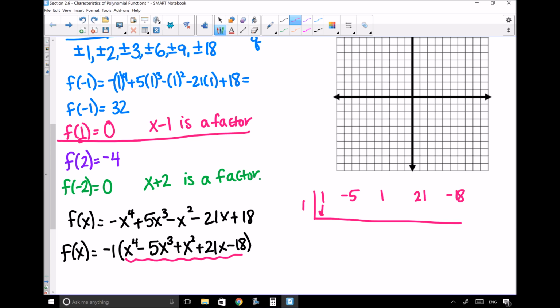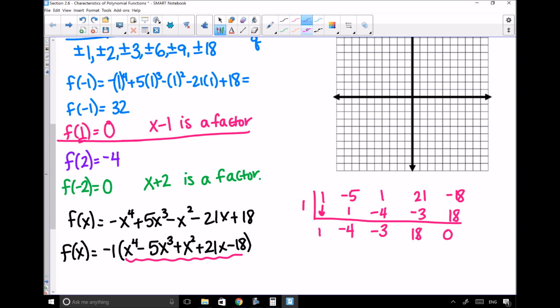Bring down this 1 right here. 1 times 1 is 1, -5 plus 1 is -4. -4 times 1 is -4. Add those together, I get -3. Multiply -3 by 1, and I get -3. 21 minus 3 is 18. 18 times 1 is 18, so I get a remainder of 0. So that's good. I'm going to keep going though.